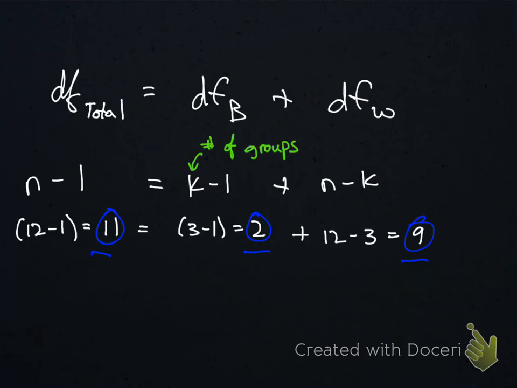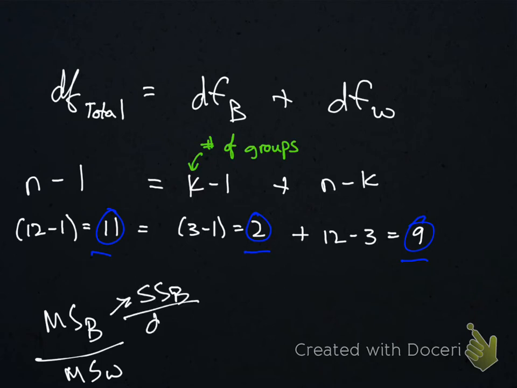And remember, what we're trying to get are this mean square between and this mean square within. So we showed how to get that sum of squares between, that degrees of freedom between, and that sum of squares within, degrees of freedom within.